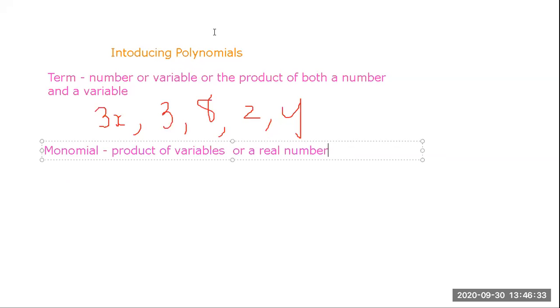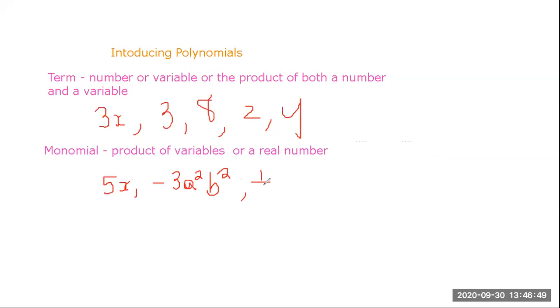Some examples of that include 5x, or say negative 3a squared b squared, or 1/5. You'll get what I'm saying when I start introducing the other ones. So each of these monomials are terms, but these are monomials because it's just one term, okay?